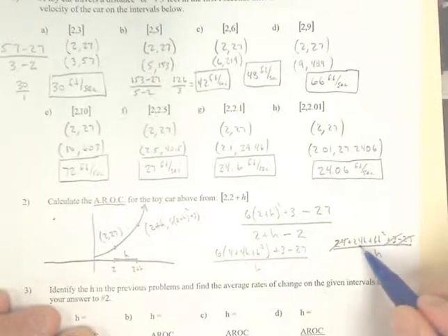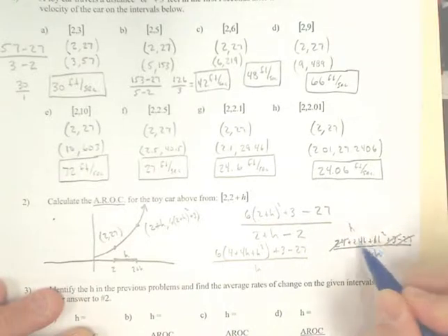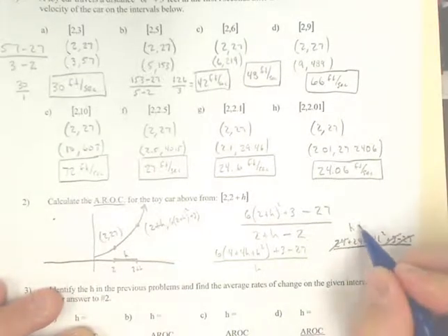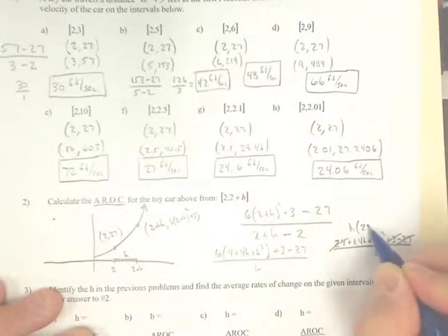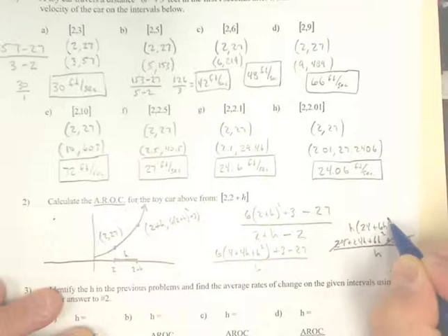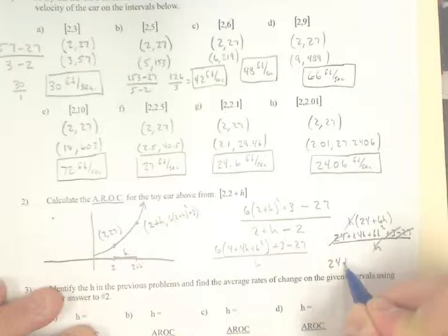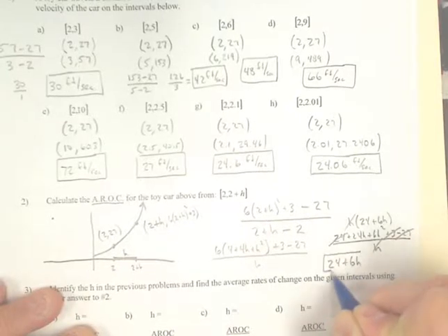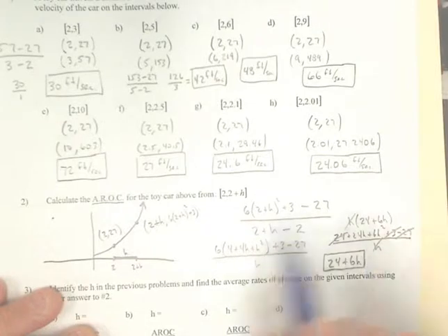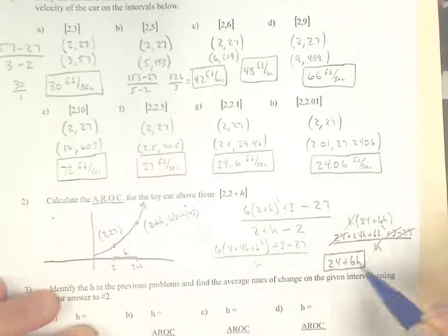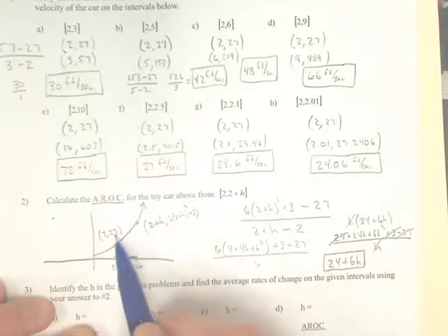What's left on top we can factor, pulling an h out. We could pull a 6h out, but all we want is for that h to cancel. The stuff left over is an expression that will allow you to find the slope of the line, which is the AROC, for any 2 points on this graph, as long as the first one is (2, 27).